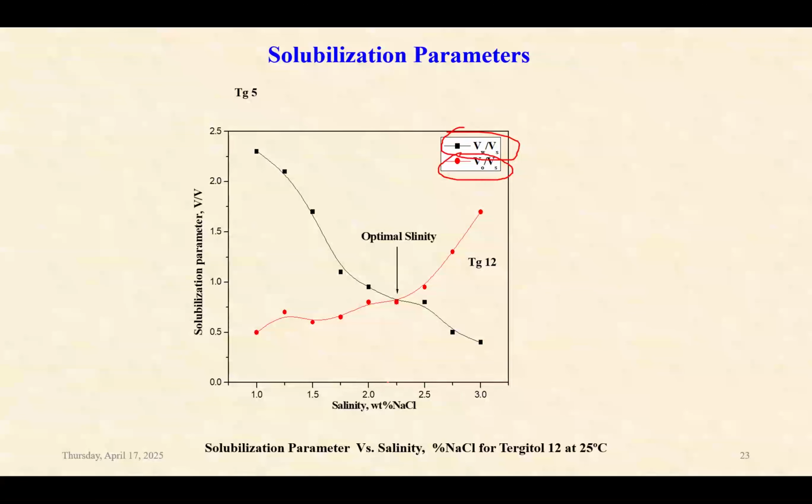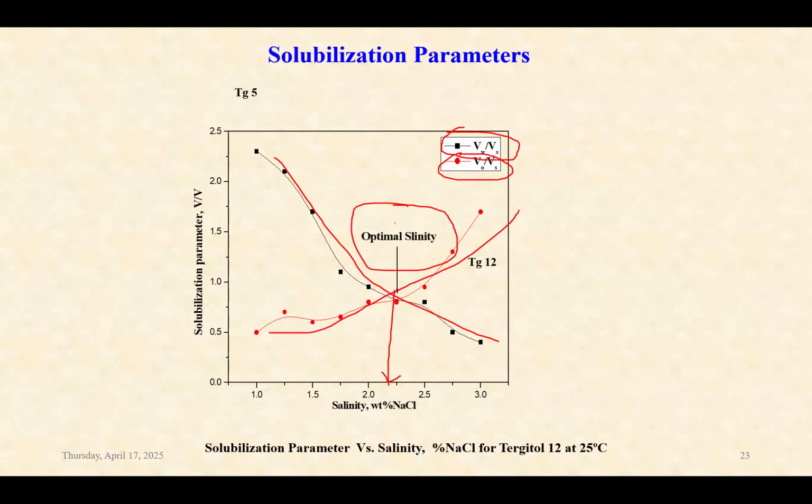They are plotted versus salinity of the system, and you will get two different plots. They intersect at this point, and this is known as the optimum salinity. It has been observed that at optimum salinity the interfacial tension is minimum. So this salinity is good for designing the injected solution.